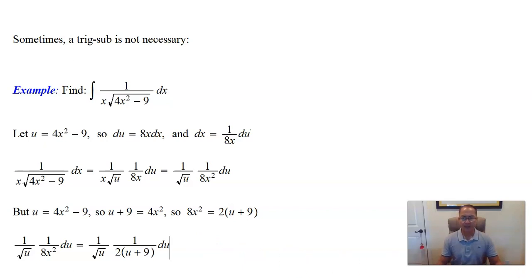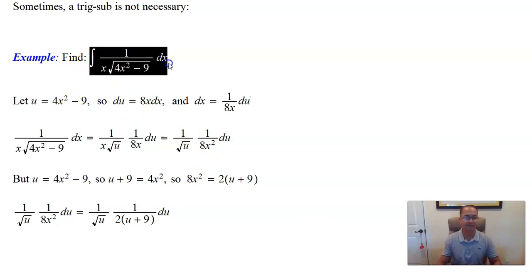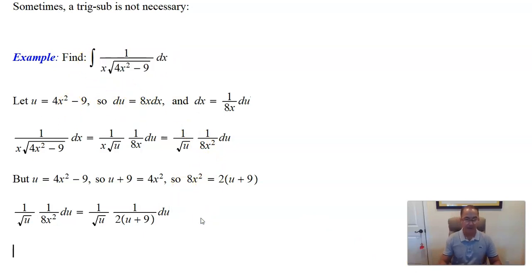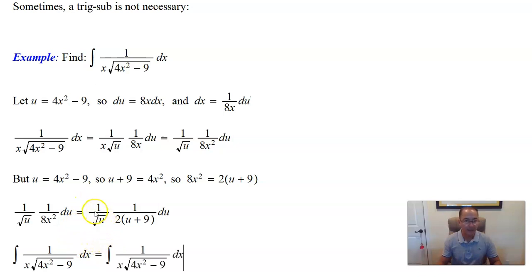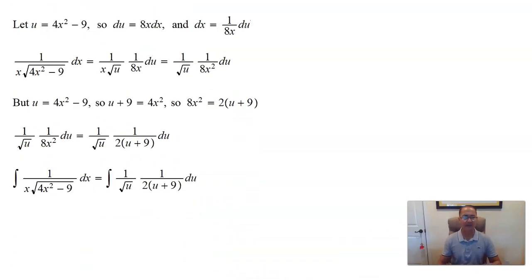Okay, so our integral becomes this by just a simple u substitution. I need an integral sign. I'll just keep that and I'll replace with this. Okay, we still have a little problem though. How do we integrate this?